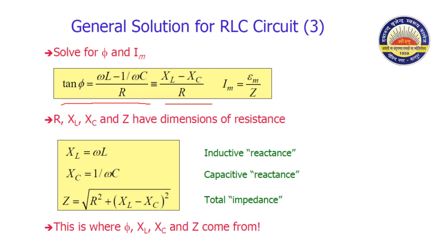And Im will be equal to epsilon m by Z, where Z is the total impedance of the circuit, which is given by Z equal to under root R square plus XL minus XC whole square.